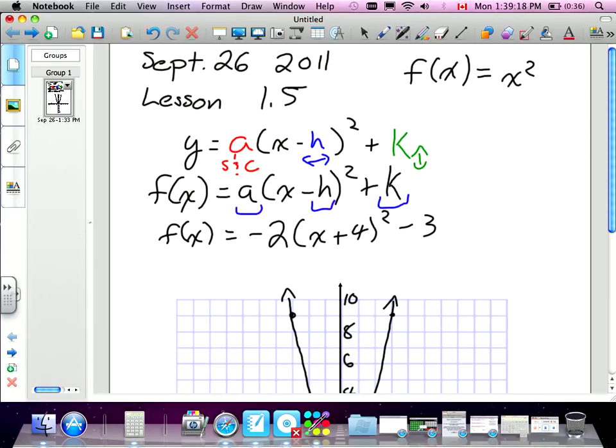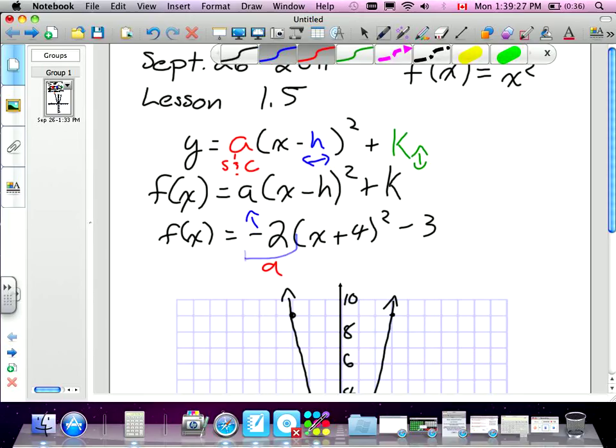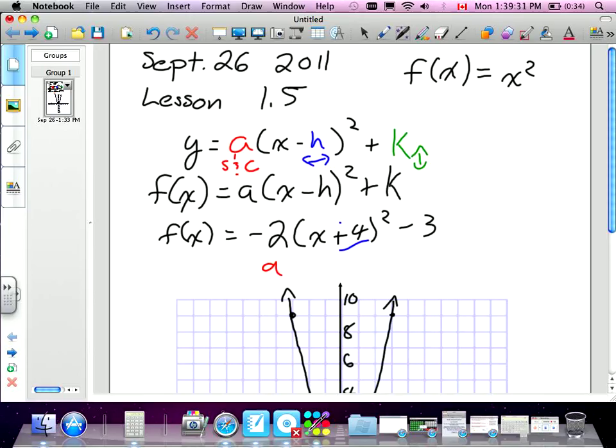Our negative 2 represents our a, so we know our function is going to be stretched. Our positive 4 represents our h, so we know it's going to be shifted either left or right. That's right, to the left. And finally, negative 3 represents our k, so we know the function is going to go up and down a certain amount.